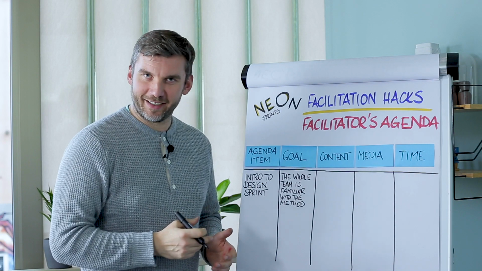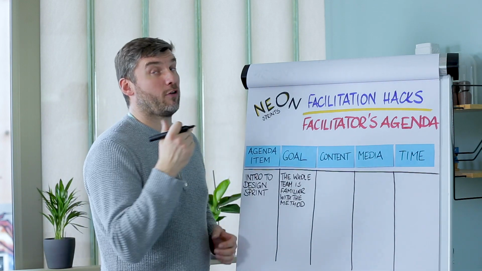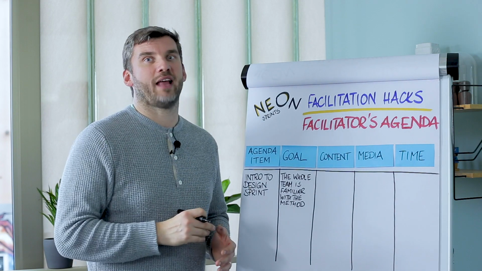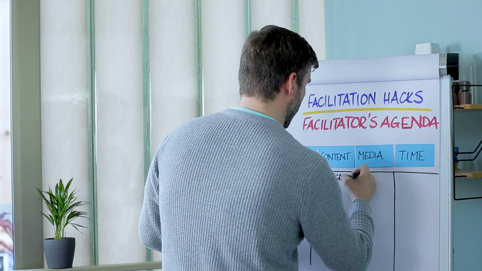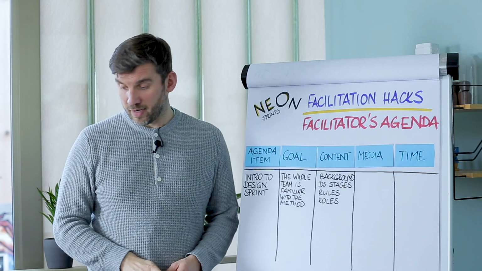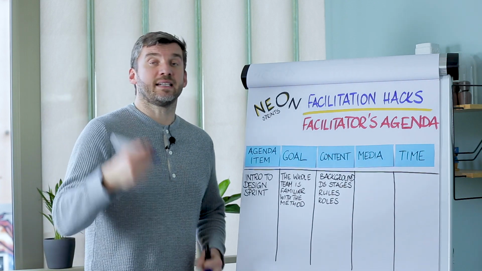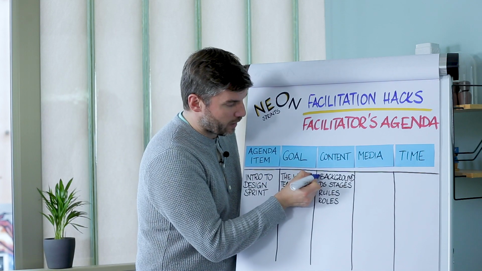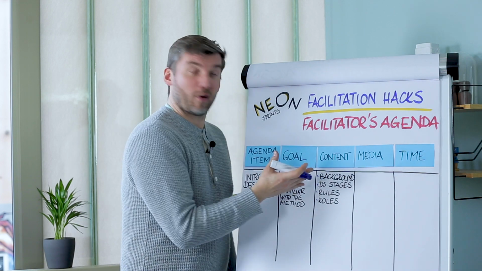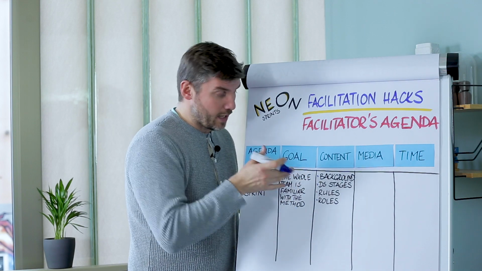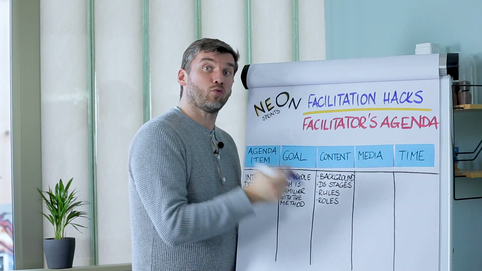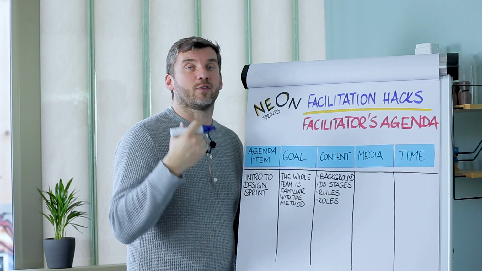Now that it is clear what you want to achieve with this particular agenda item, you can focus on the contents that you want to cover with that. For instance, by listing down in bullet points the major elements you want to cover in that intro, such as the background of the method, the design sprint stages, the rules that you need to follow with the entire team throughout the whole week, and the roles that are involved in a successful sprint.